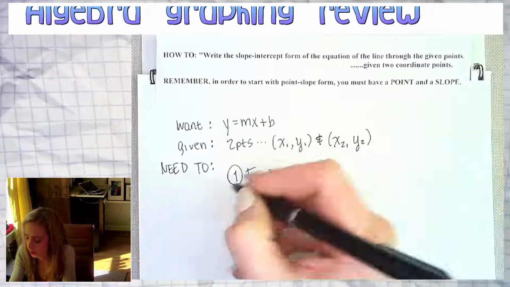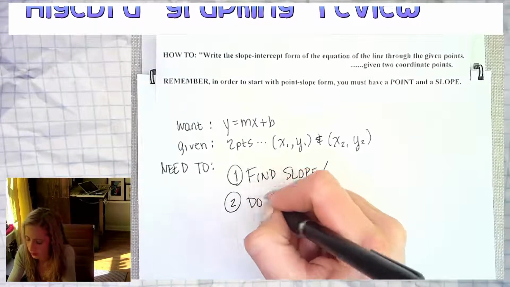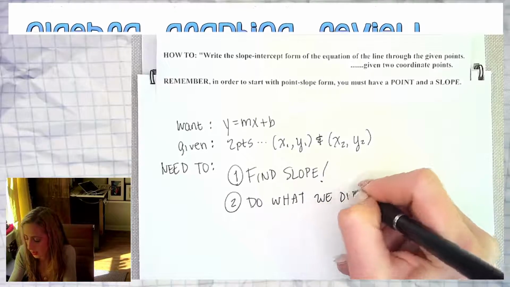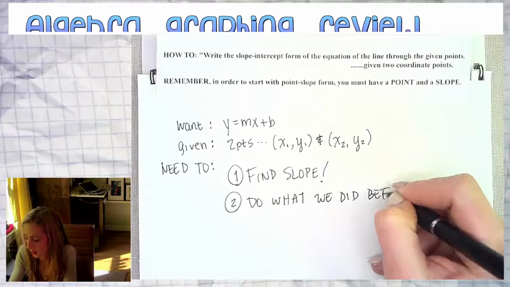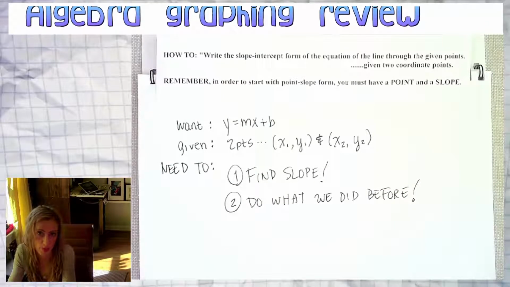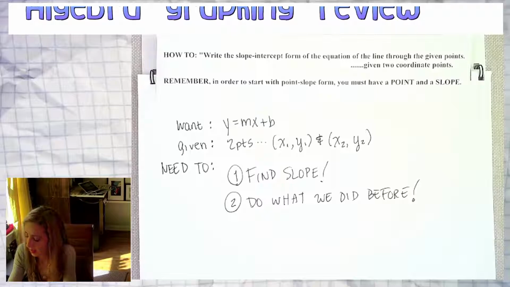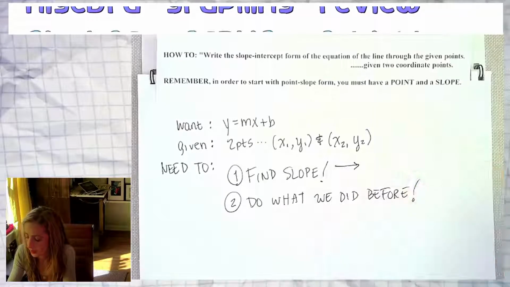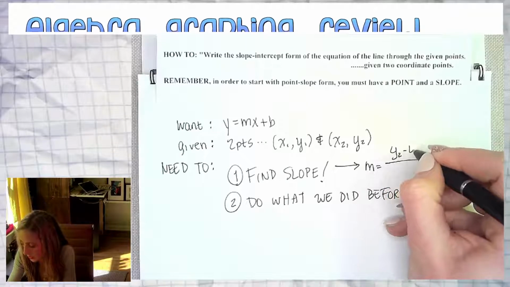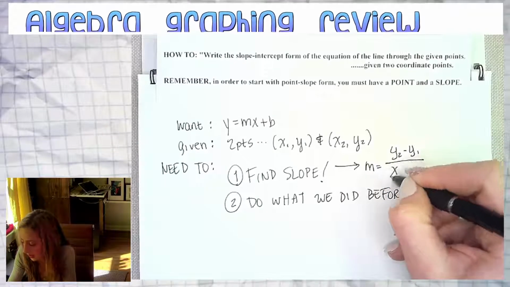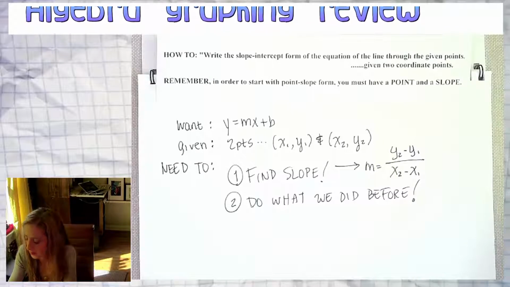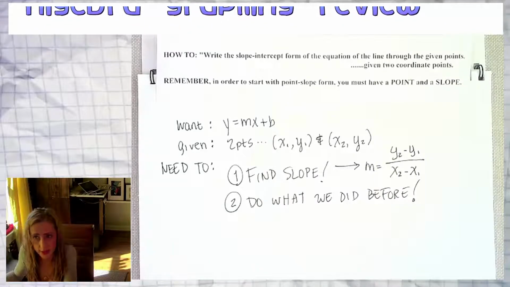First step, find slope. Do what we did before. But you also have an option. You pick a point because now you have 2. Pick one. That is it, my loves. And what is slope again? M equals y2 minus y1, y goes up high, over x2 minus x1. And we move on from there. Okay? Let's get started.